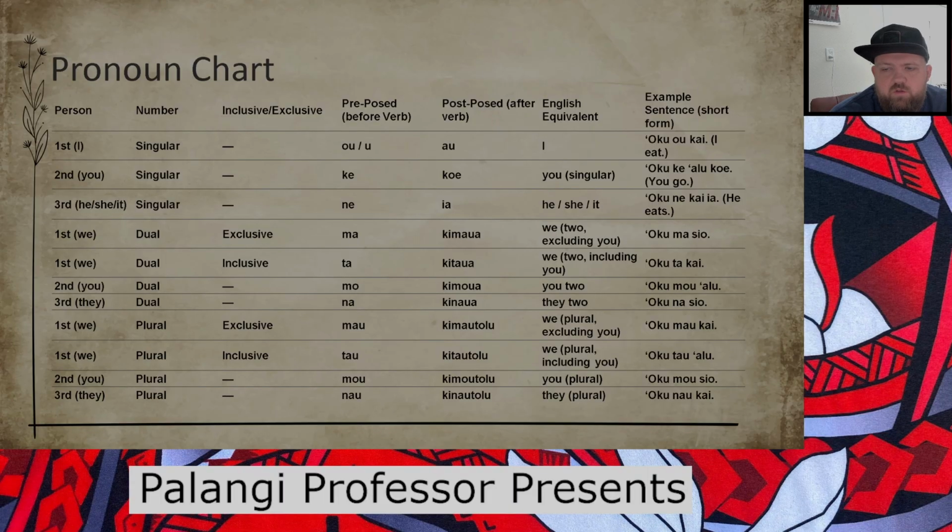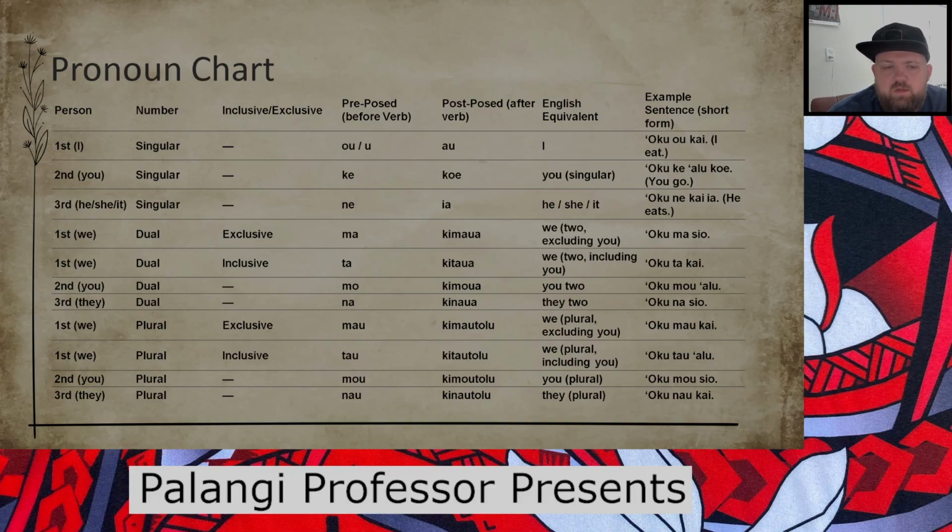It's more likely you're going to use ta, but of course there'll be situations where you're going to say kitawa. Because it's always going to be the person you're talking to, it makes more sense to use the pre-posed most of the time, but obviously you can use the post.